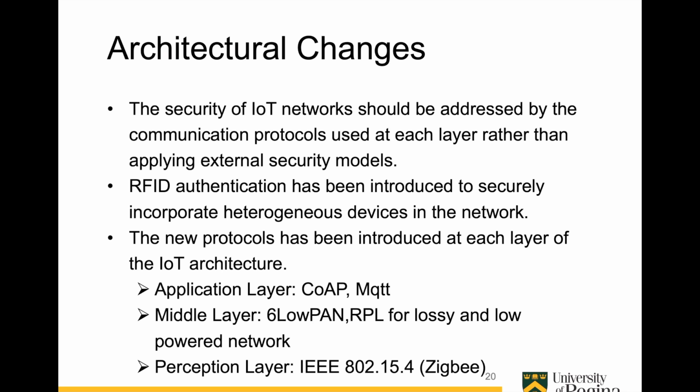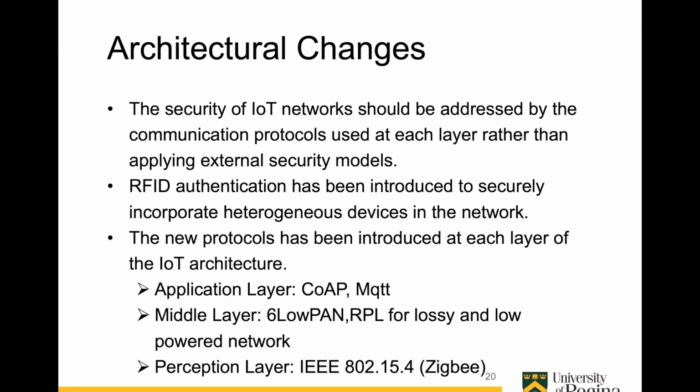One of the authentication techniques being used is RFID authentication, which securely incorporates heterogeneous devices into the network. RFID has a special kind of radio frequency tag attached to a device that can be easily identified by the application so that no other devices can enter or exit the existing network.